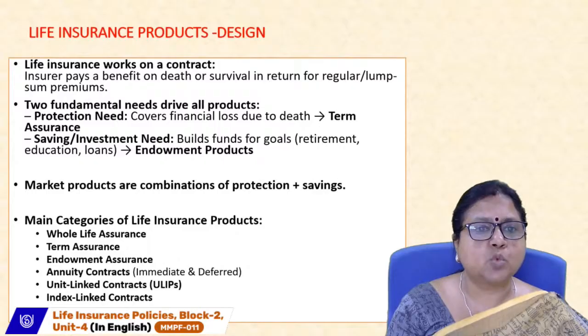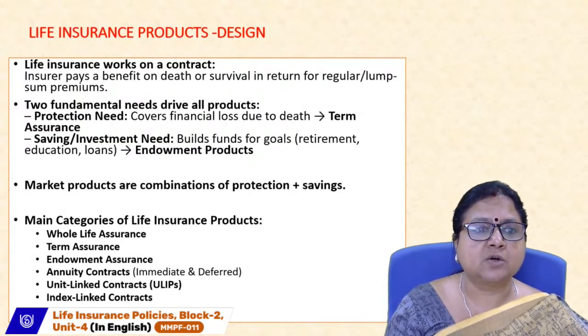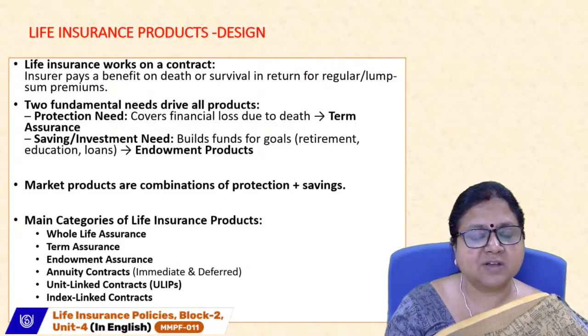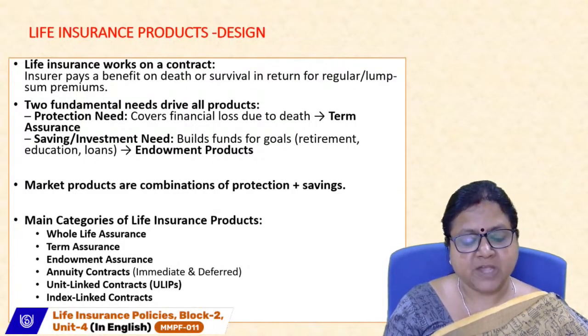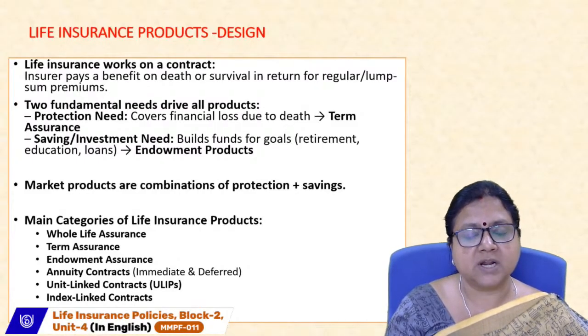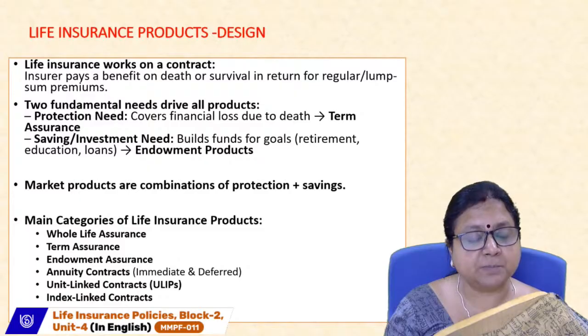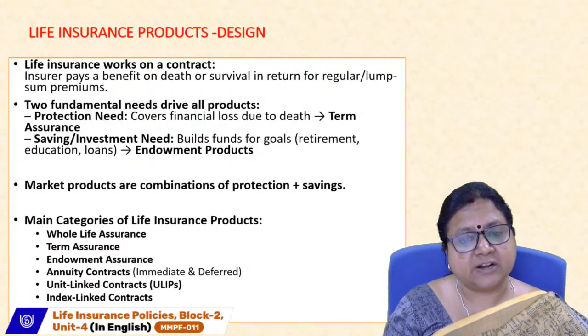So life insurance works on a contract. The insurer pays a benefit on death or survival in return for regular or lump sum premiums. This we have very well understood, that every individual who is availing an insurance policy has to pay a premium at regular intervals.